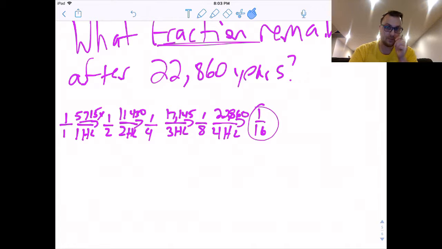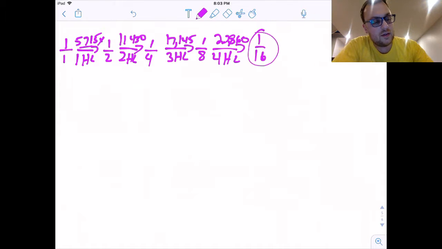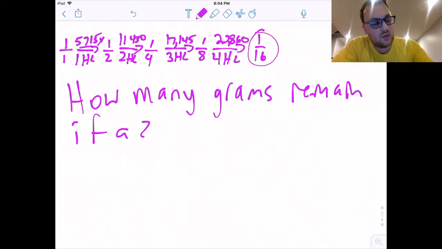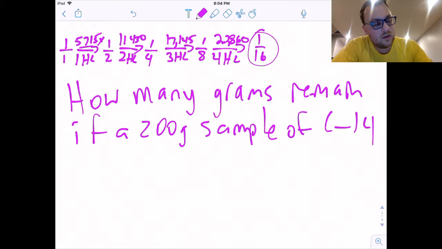Let's say it said, how many grams remain if a 200-gram sample of carbon-14 experienced 3 half-lives.